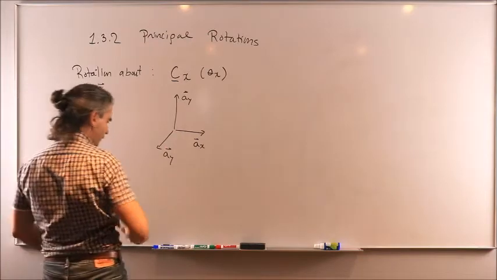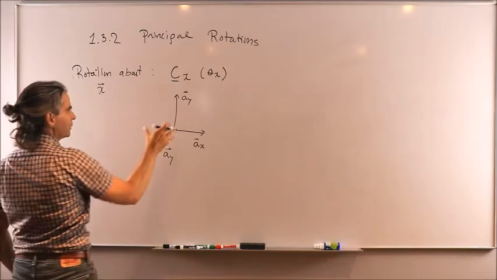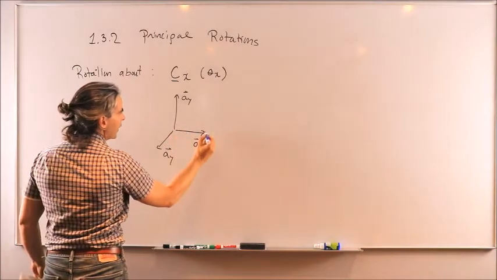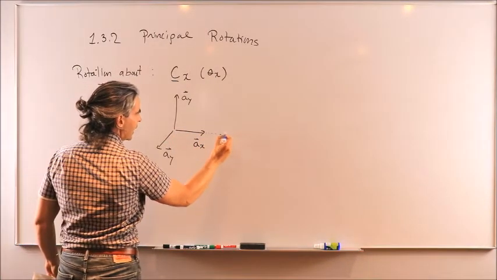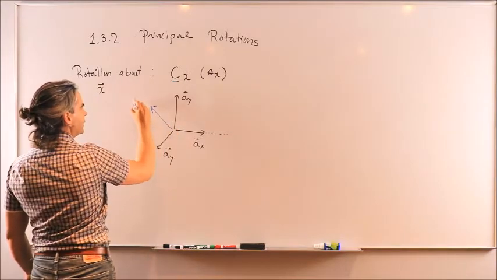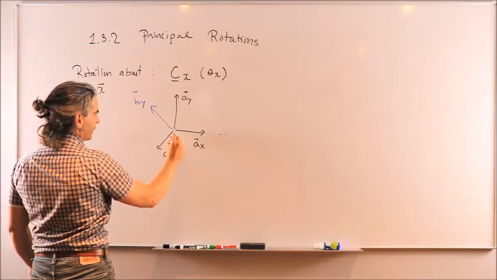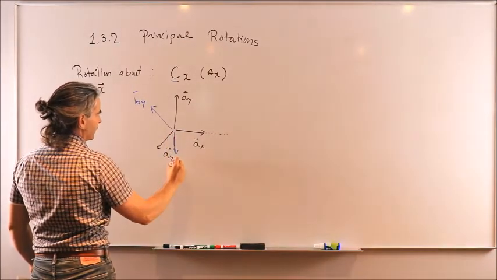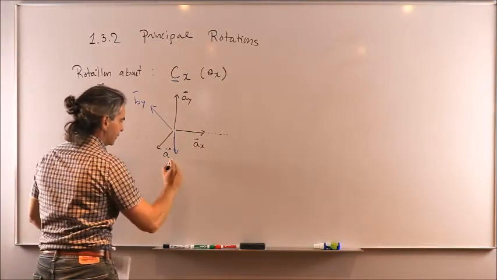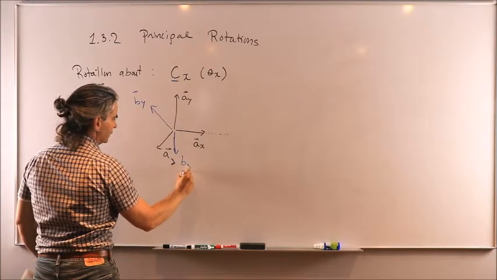And then you have reference frame B that is obtained from A through a single rotation about the AX direction. So that would be the axis of rotation in a way. So you would get BY around here. Oh, sorry, that was AZ, obviously. You would get BZ like this.